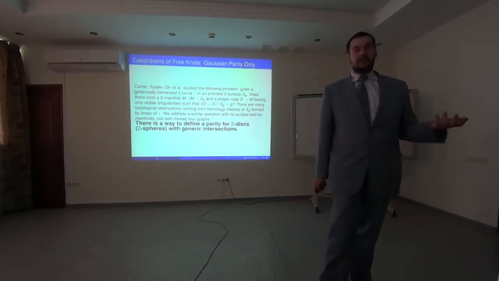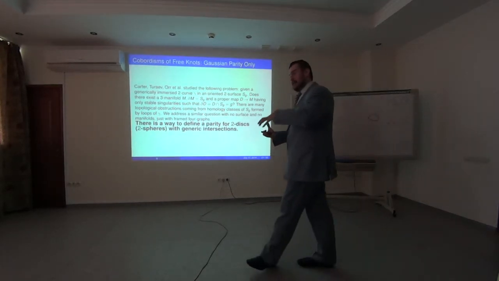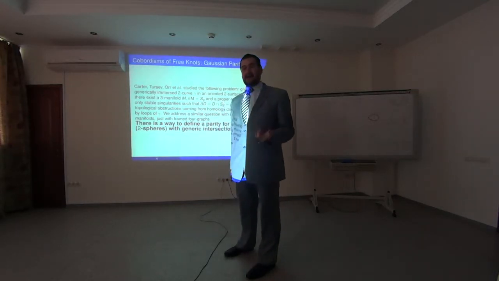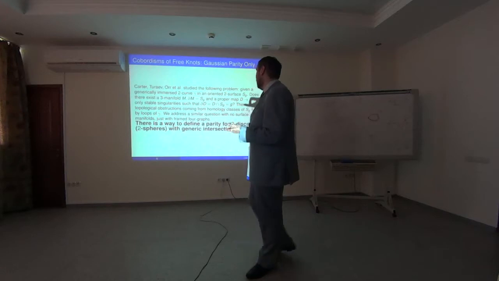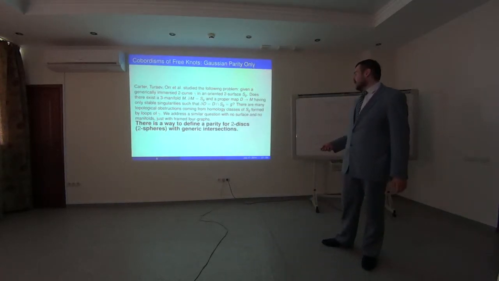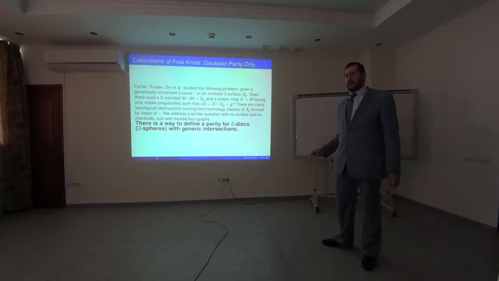And why not prove that there are cobordism invariants for free knots? And now I give one cobordism invariant of free knots, and the key ingredient here is that there is a way to define a parity for 2 disks or 2 spheres with generic intersections.